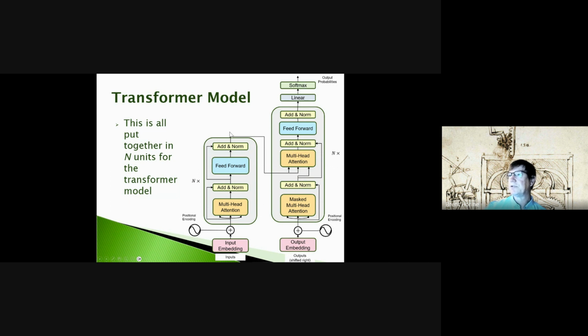Also this is the transformer model that is in turn based upon these multi-head attentions, which are concatenated versions of these inputs. So all sorts of different technologies put together to produce this transformer model.